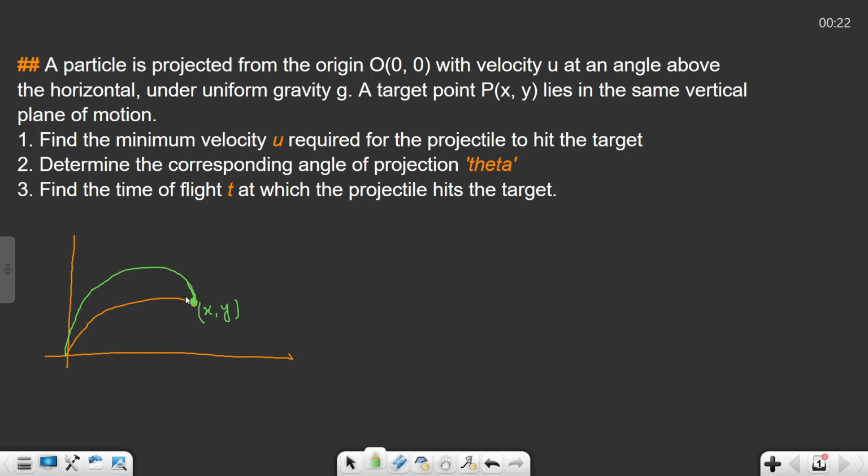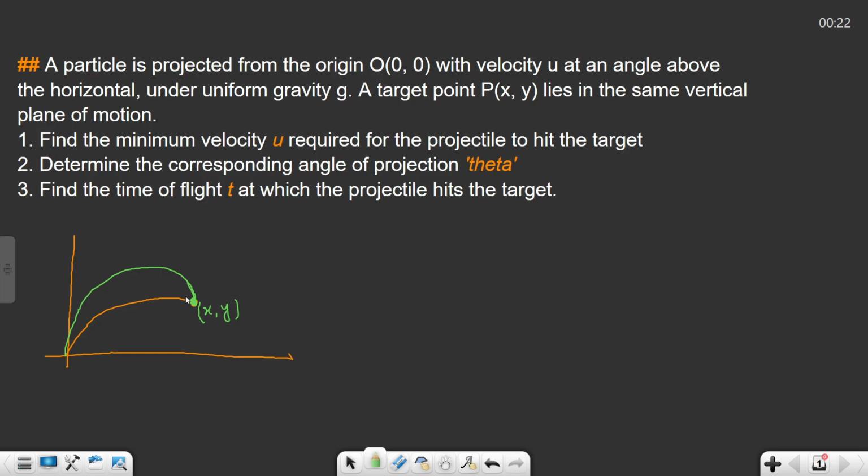It kind of makes sense that there will be a plethora of velocities for which we can hit the object, and for those different velocities we'll have different angles with the horizontal line, but we want to figure out the minimum velocity.